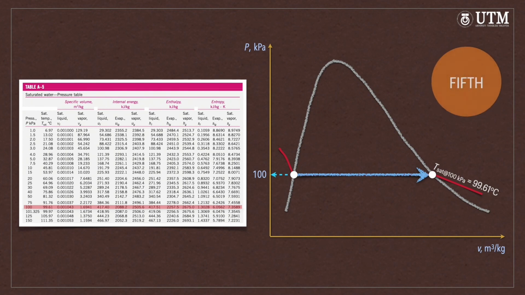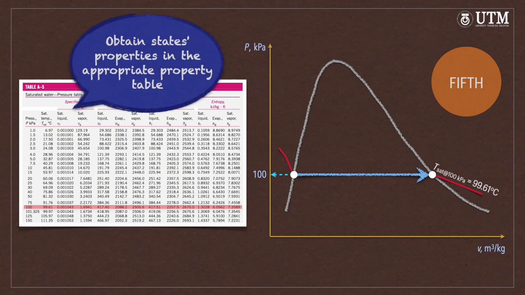Fifth, once both states' phases are defined, we can straightaway refer to appropriate property tables to obtain other states' properties, such as specific volumes. For example 3.3, we can determine the corresponding specific volumes of both states at the given pressure of 100 kilopascals from table A5, as demonstrated.